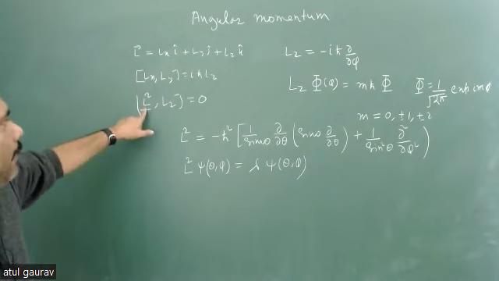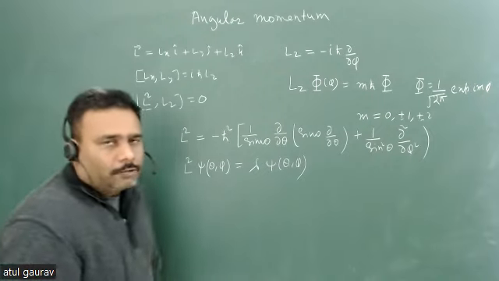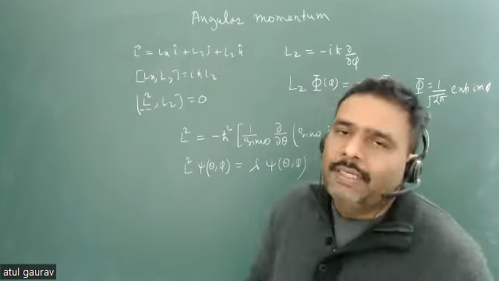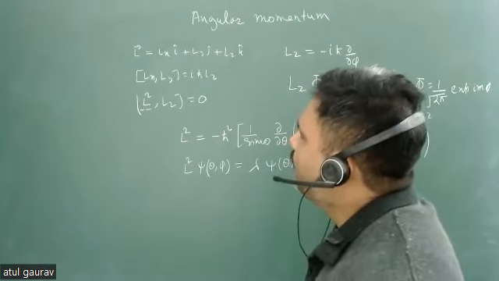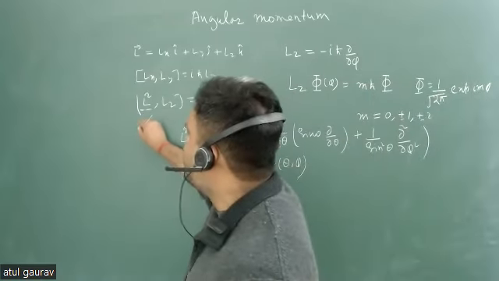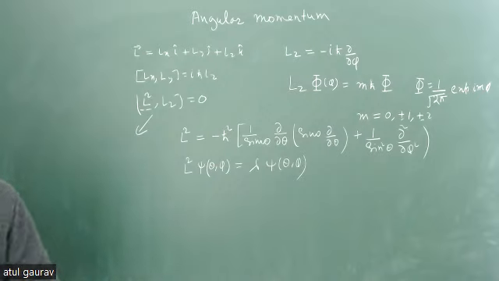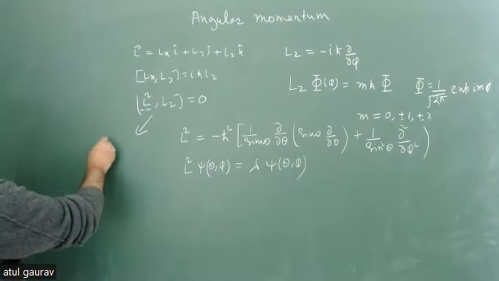So we have L square and Lz going to commute with each other, and if they commute with each other, that means L square and Lz can have simultaneous eigenstates.